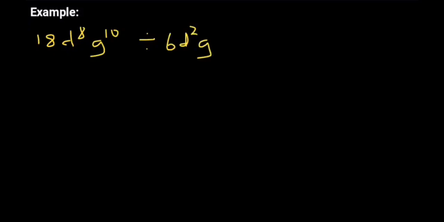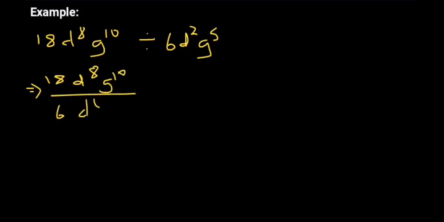Let's now work through an example. We have 18d to the power of 8, g to the power of 10, divided by 6d squared, g to the power of 5. Let's rewrite this on top of each other. So we have once again 18d to the power of 8, g to the power of 10, divided by 6d squared, g to the power of 5.